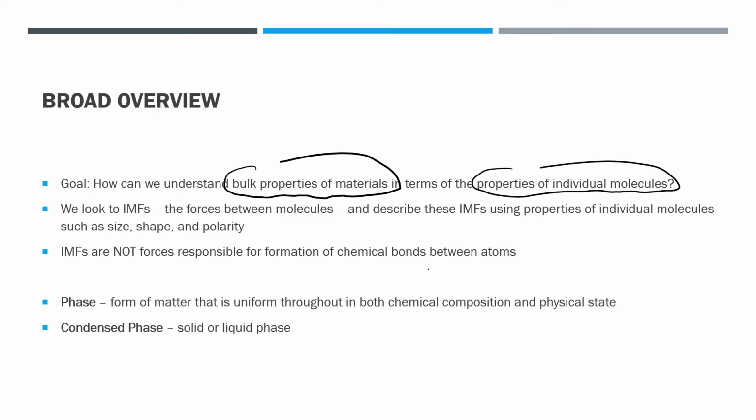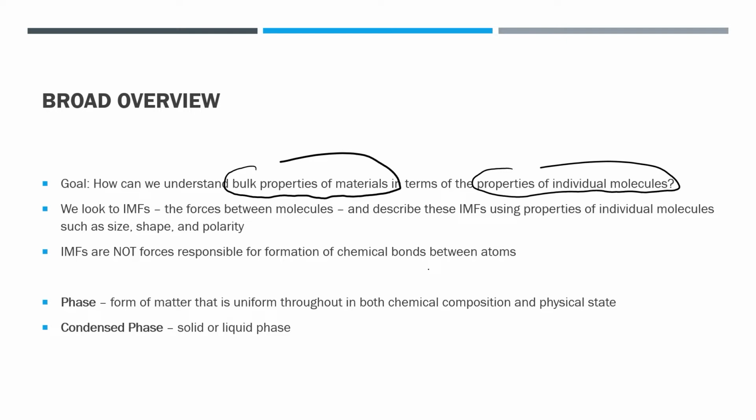Then we can talk about dipole-dipole forces and how that raises the boiling point and has all these interesting features, like hydrogen bonding. So our goal with IMFs is to understand the bulk properties, such as cohesion and adhesion, all these things with water that we know and love, in terms of the properties of a water molecule itself. We're trying to simplify a big problem down into a small problem.